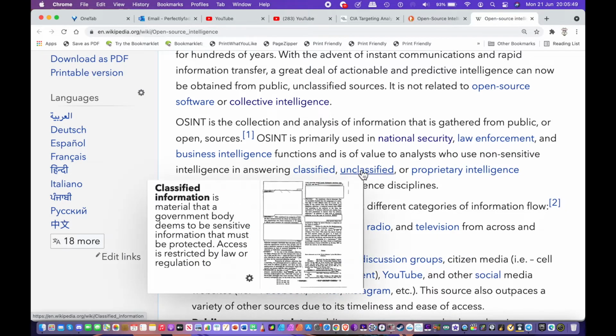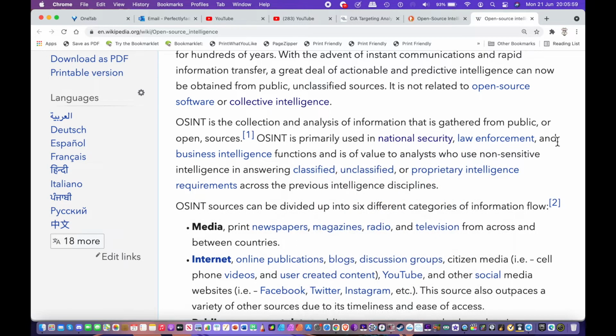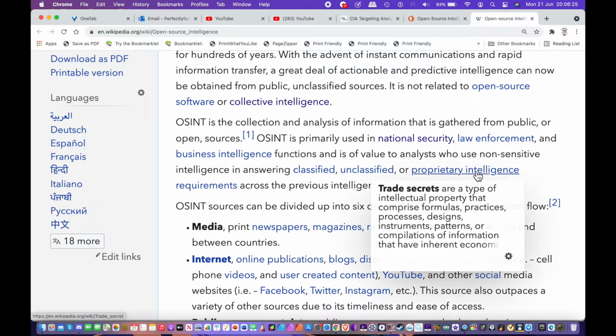OSINT is primarily used in national security, and we're gonna be doing that a little bit later. Law enforcement and business intelligence functions, and is of value to analysts who use non-sensitive intelligence in answering classified, unclassified, or proprietary intelligence requirements across the previous intelligence disciplines.